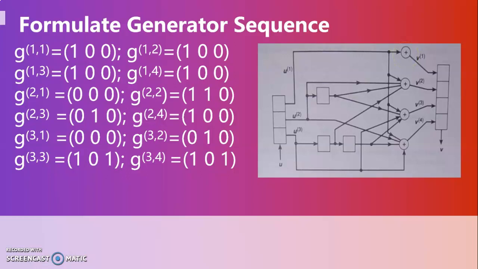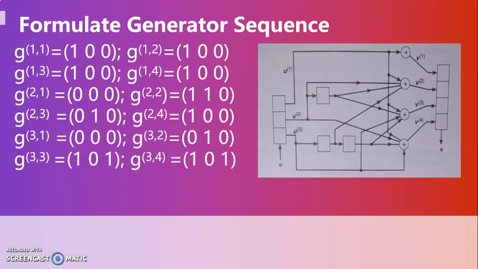Therefore, the first bit of the generator sequence G11 is 1. Other than this direct link, no other link is present with a memory. Therefore, the other two bits are 0. Therefore, G11 is equal to 100.